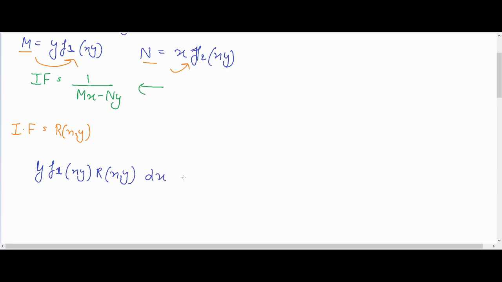And this whole is multiplied by dx plus x f2 of xy times r of xy dy is equal to 0. There shouldn't be any comma here. x and y are in multiplication, as I told you in the last video about this rule.